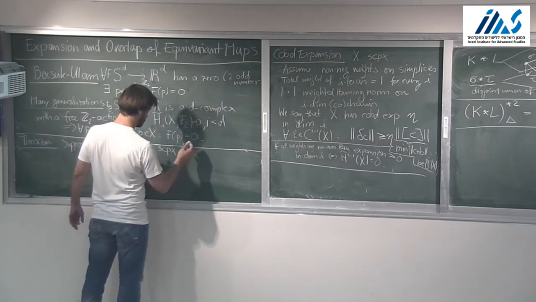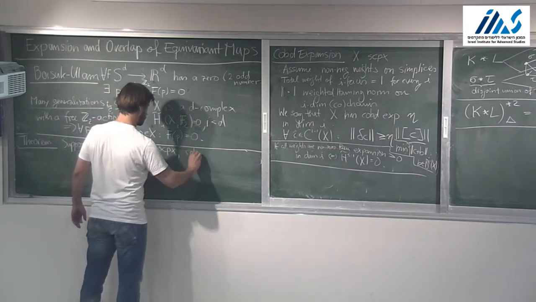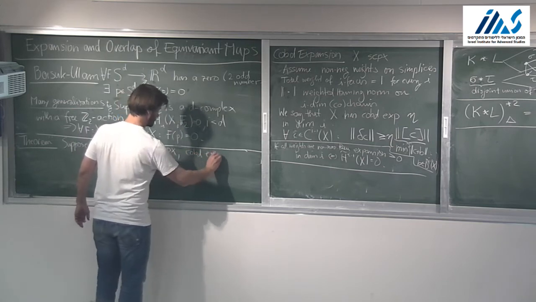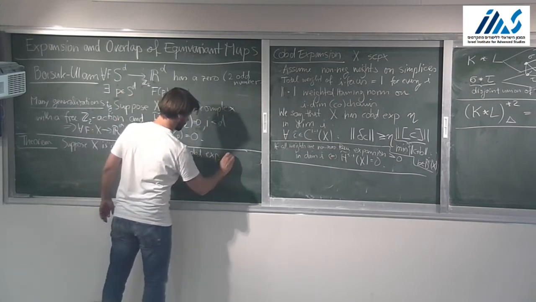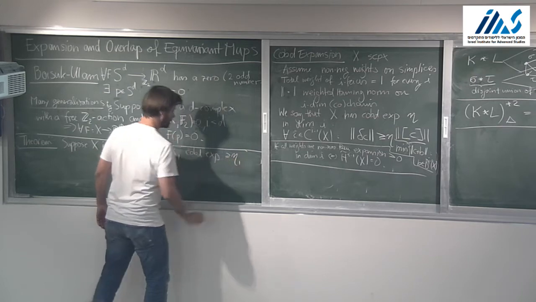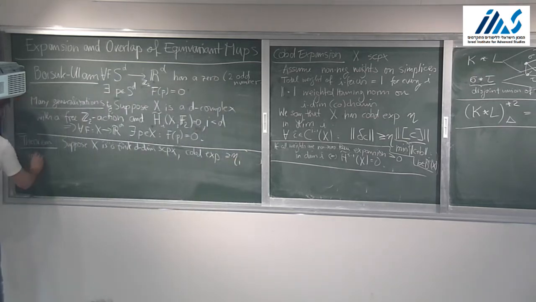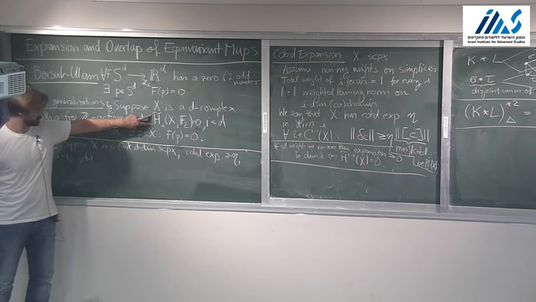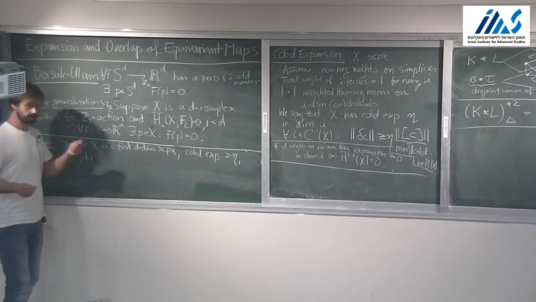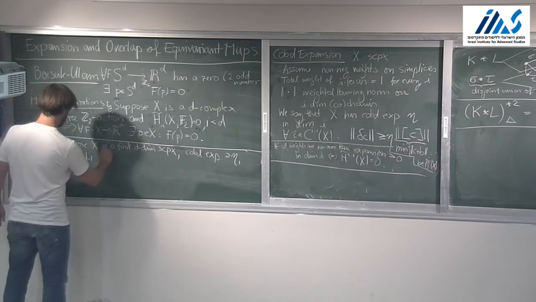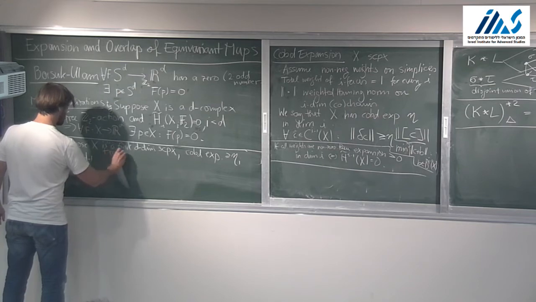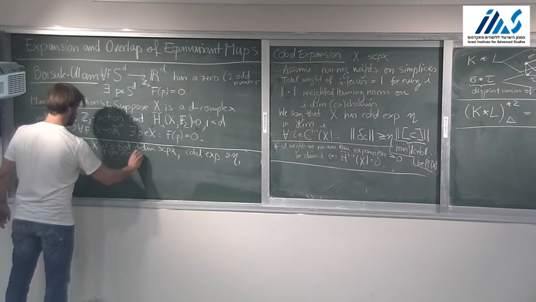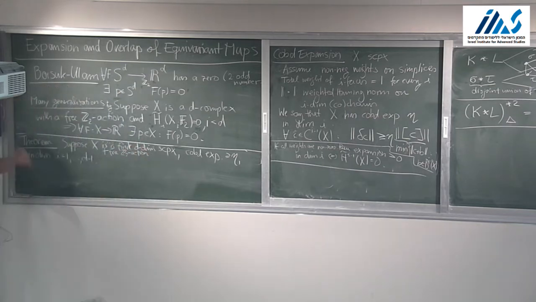Suppose it's an expander, or it has, let's say, co-boundary expansion at least eta_i in dimension i ranging from 1 up to d minus 1, which is a quantitative version of this condition. And there's a technical thing. And I have a free Z2 action on my space. That's the whole point.